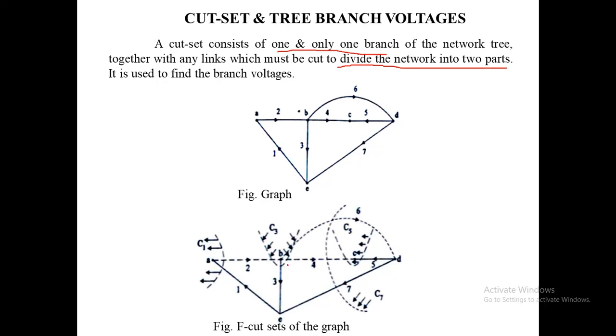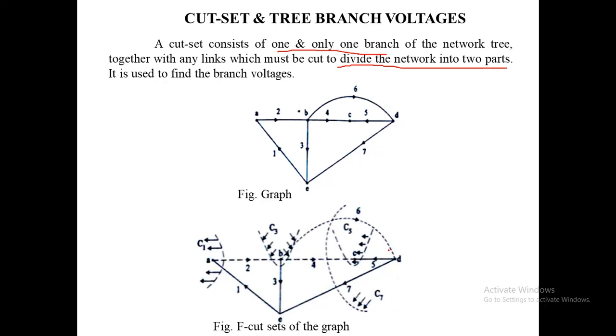Here we can cut another one. Then this C node, we can create another cut set because it has only one solid line and another one is the link dotted line. Here we can choose another cut set. And next in this 4 and this 7 we can cut another cut set.